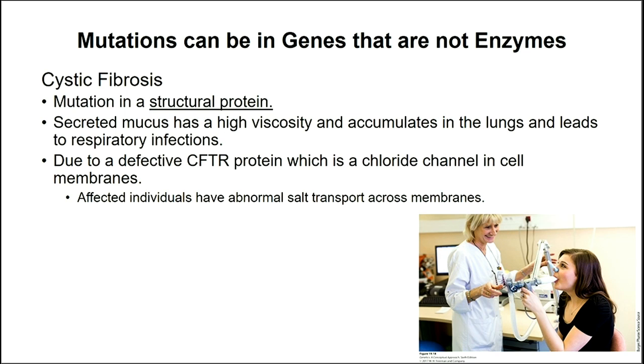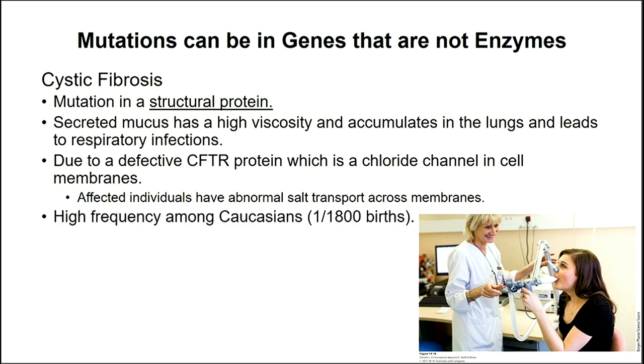Affected individuals have very abnormal salt transport across their membranes. There is a high frequency of this particular disorder in Caucasians, and about 1 in 25 are carriers. So this would be something that you might potentially get tested for if you were to decide to have children, right? You could go to the doctor and be tested.